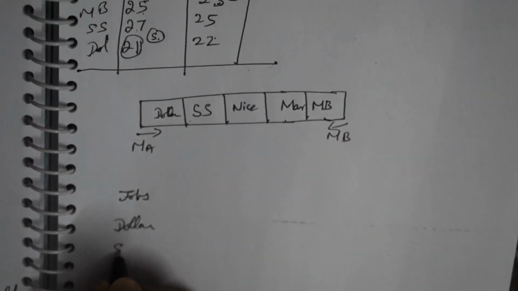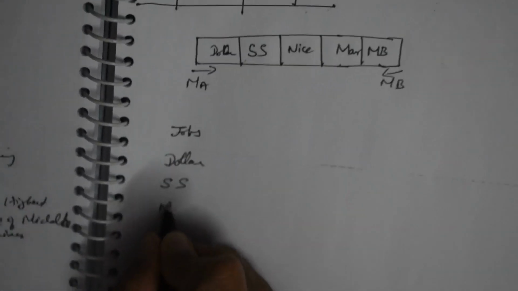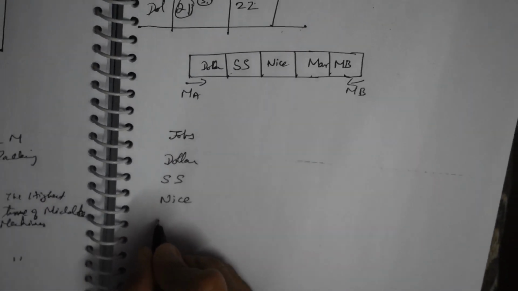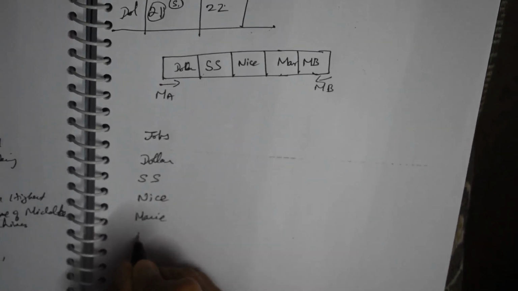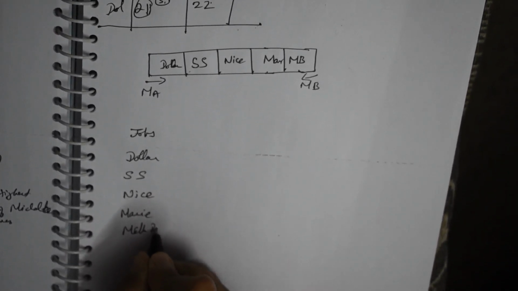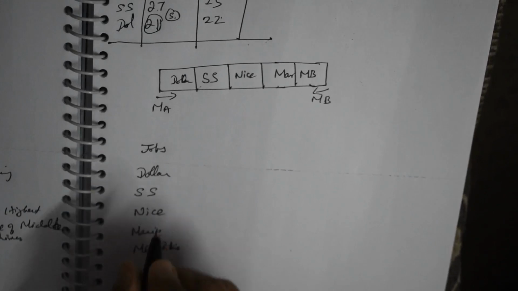So let us take the jobs. Dollar, Salt and Sweet, Nice, Mari and Milk Bikis.